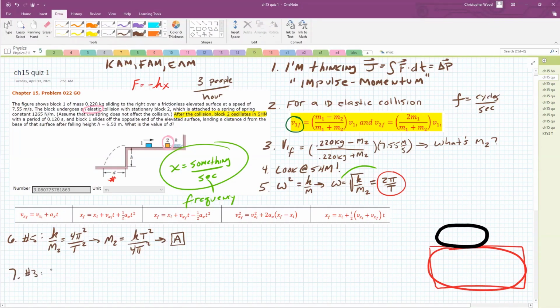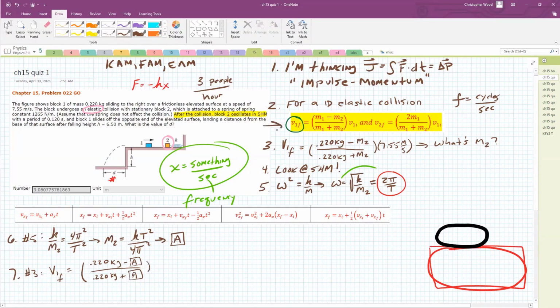I have the velocity of block 1 after the collision is going to equal 0.220 kilograms minus mass 2, which is sitting there in calculator memory location A, all over 0.220 kilograms plus mass 2, times the mass 1 incoming velocity.